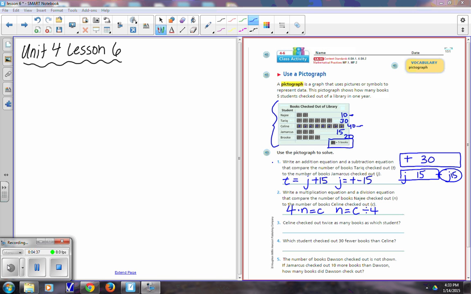Well, I know that 2 times 20 is 40, so I need to find one that equals 20. So the answer would be Brooke, that Celine checked out twice as many books as Brooke. And you can even use the picture. Look, Celine has 1, 2, 3, 4, 5, 6, 7, 8 books here. And Brooke has 1, 2, 3, 4. Half of what she read.